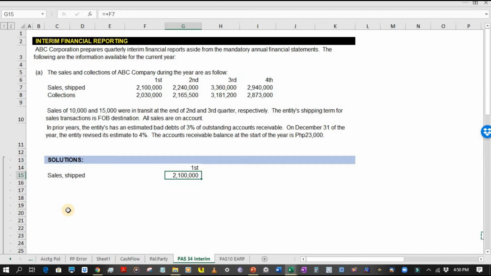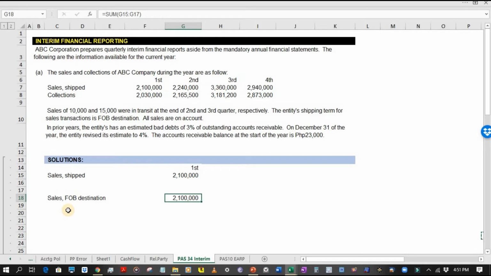If these were all received already by the buyer also in the first quarter, this is the sales amount to be recorded under FOB destination, which is 2.1 million. Which means these 2.1 million sales were all shipped and received during the first quarter. So let us now proceed to second quarter.